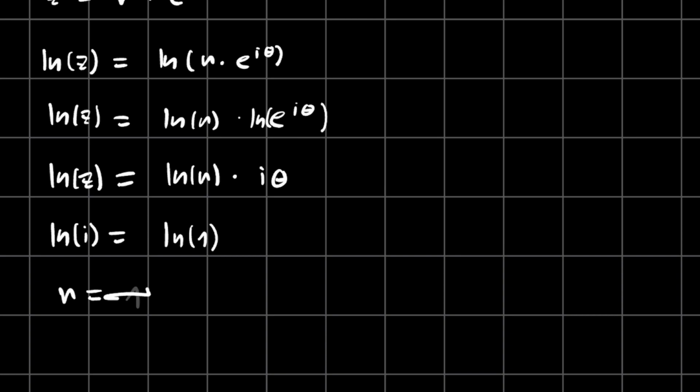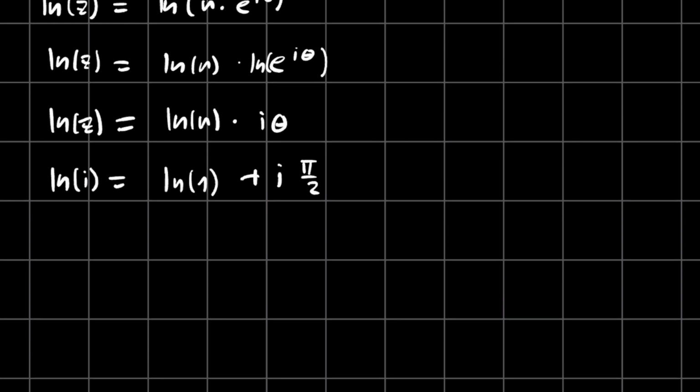So we can simply write that, plus i theta, which in this case is going to be pi halves. So we can simply say that ln of i is i pi halves, basically. That's pretty much it.